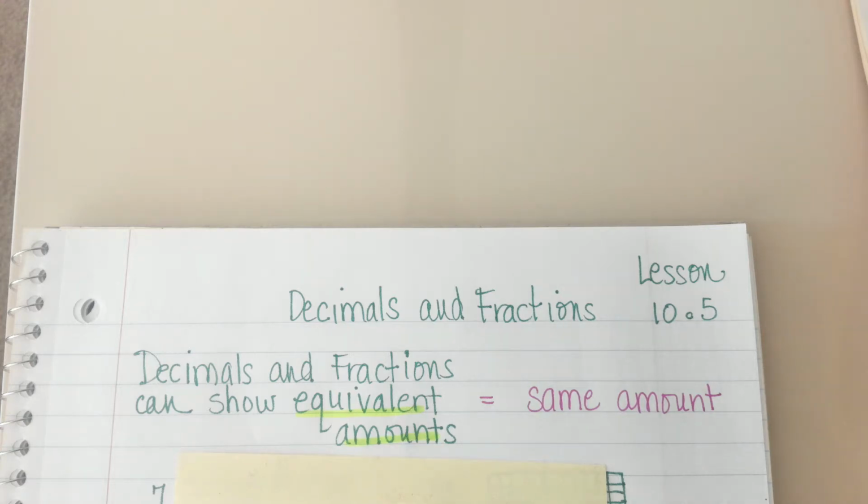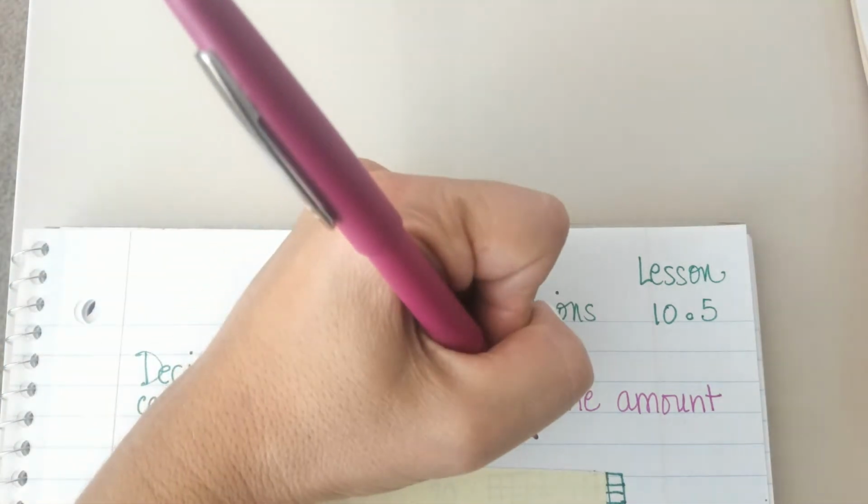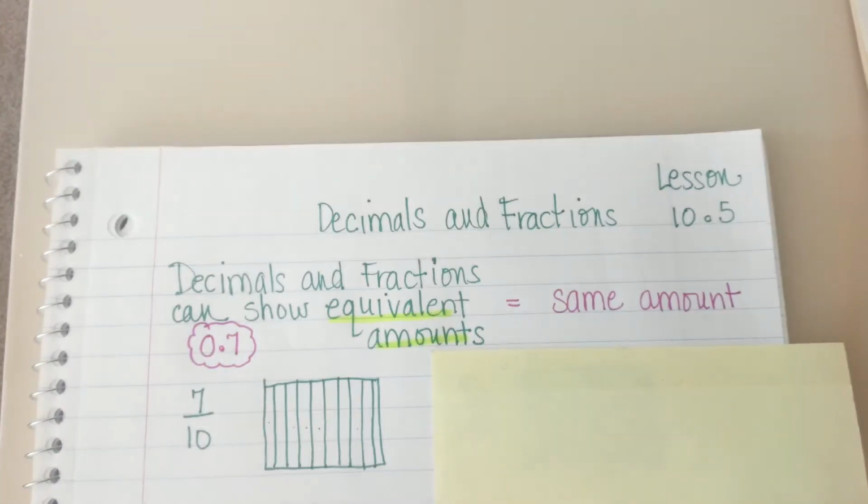So we're going to start with an example, and our decimal is 7/10. Okay, and we're going to make a model.